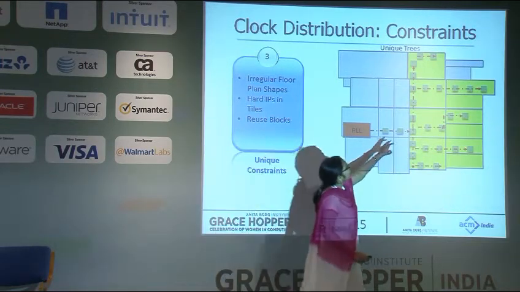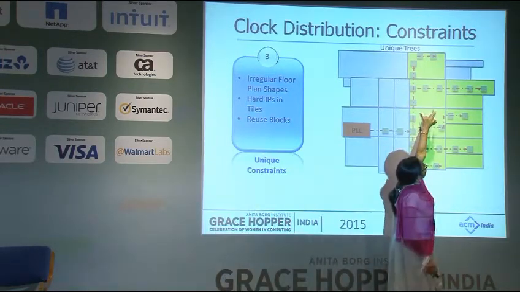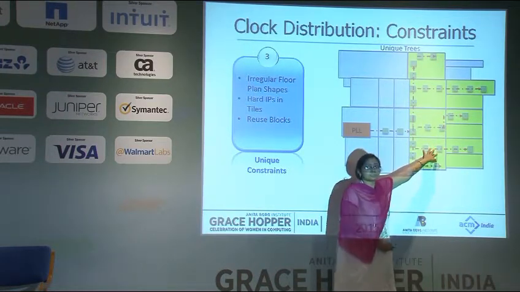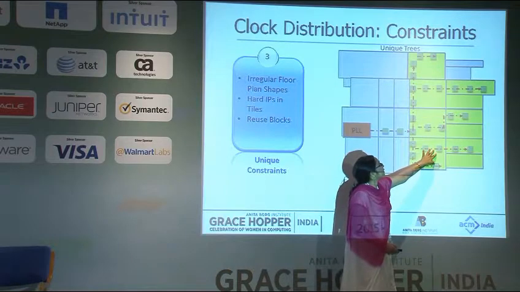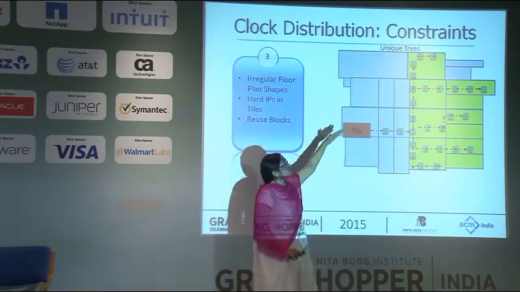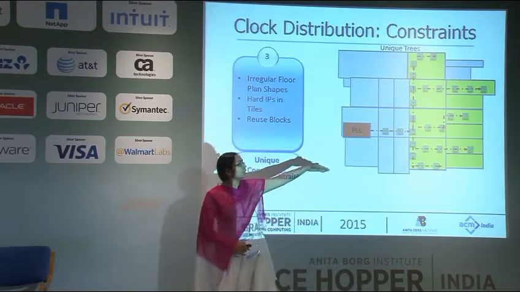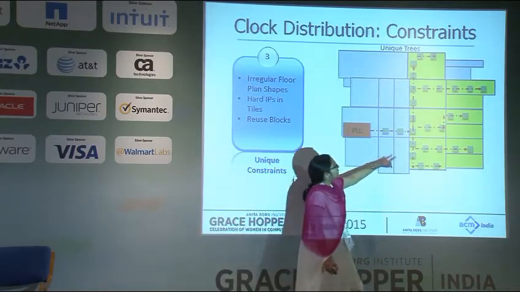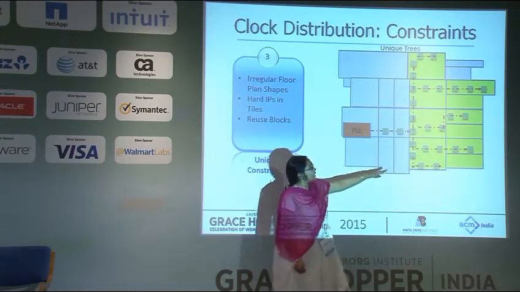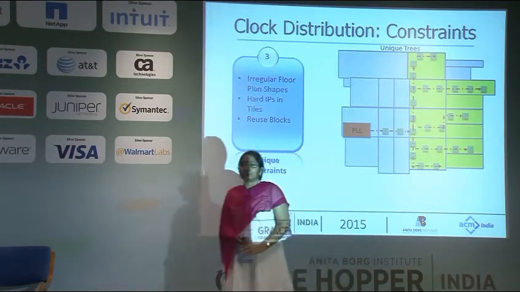Here the tree size is based on the area coverage, here the tree requirement is different, and here the tree requirement is different. So the same tree, the same clusters, can't be used everywhere. For each route, each length, we have to use different types of clusters.